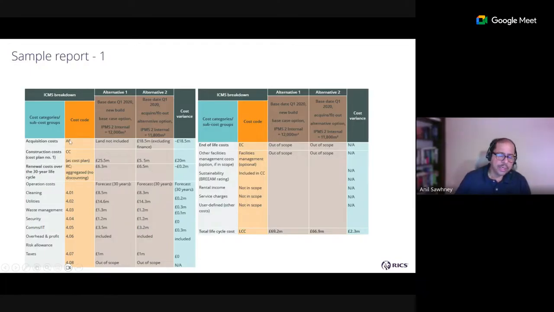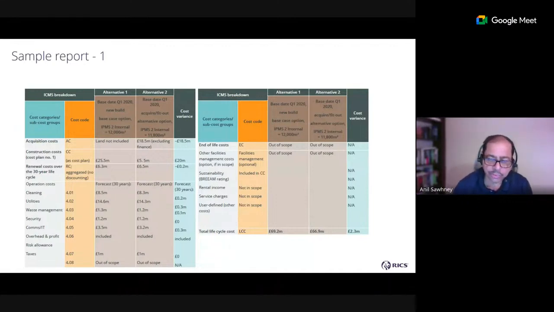You can see that somebody has estimated life cycle cost. They have found out the acquisition cost, construction cost, renewal cost for a 30-year life cycle, then operation costs, including cleaning, utilities, waste management, and so on that you saw over there.